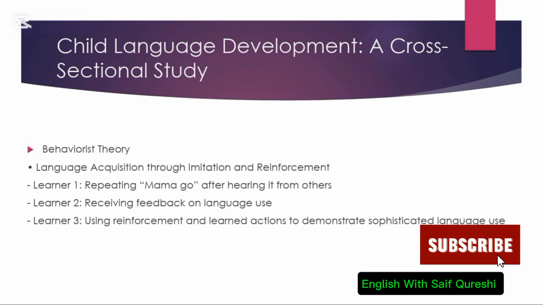As far as learner 3 is concerned, learner 3 uses rewards and learned actions to show off their language skills. So behaviorist theory says that children learn language by imitating others, and when they use the language, they receive feedback and reinforcement. In this way, they learn language.